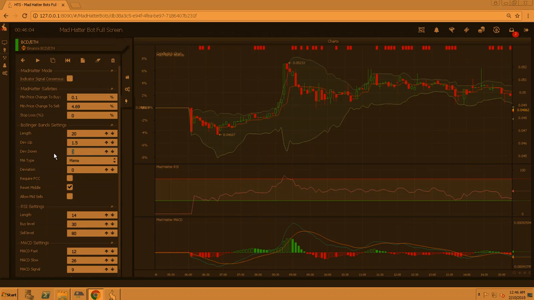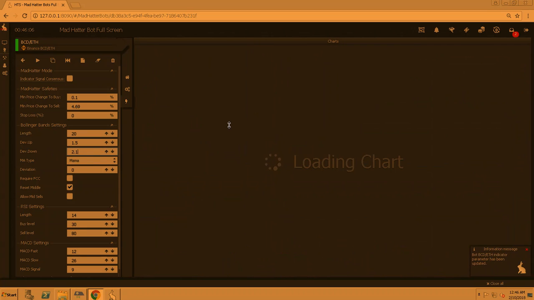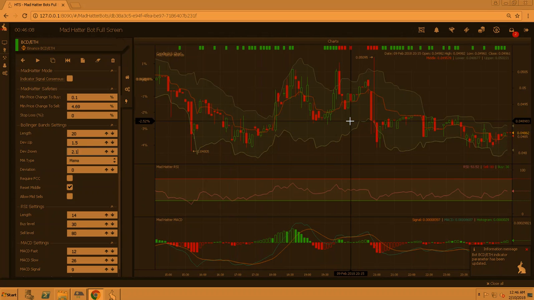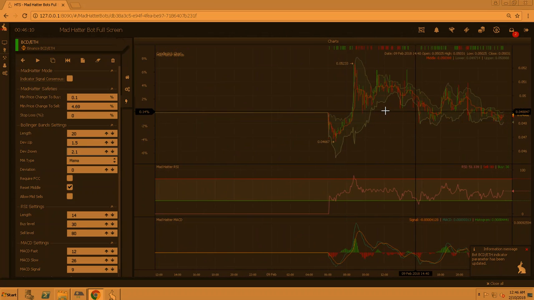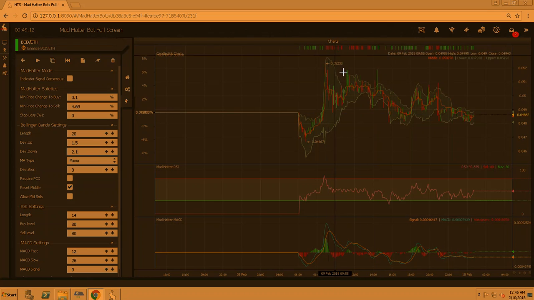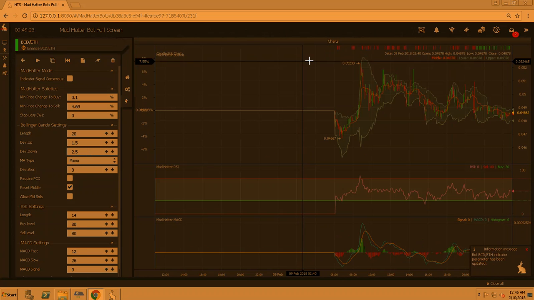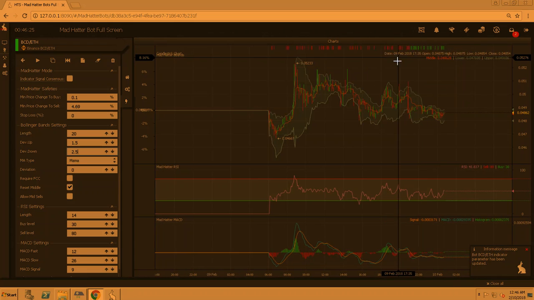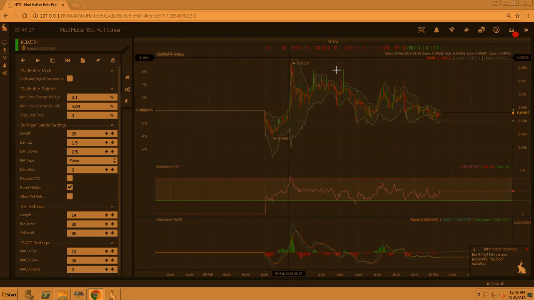And this might be a good setting on a bearish type of trend. That way you see all these trends as it's trending down. If you don't want to buy that high as it's trending down, then what you want to do is increase that to 2.5, and you'll see that the signals move further out, and you only buy once you get past this downtrend here.